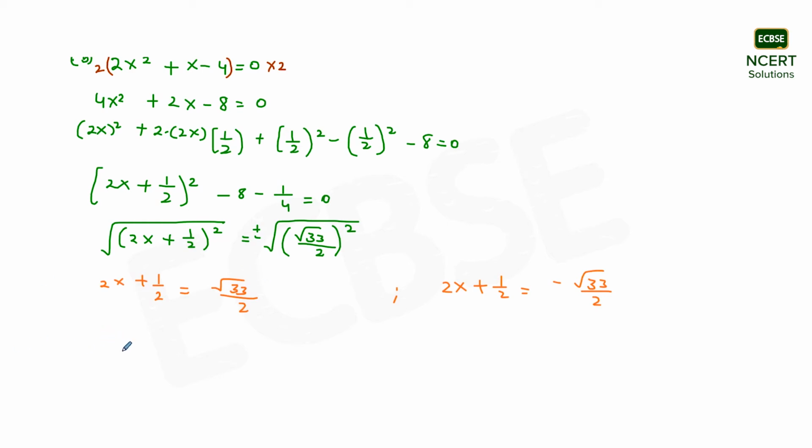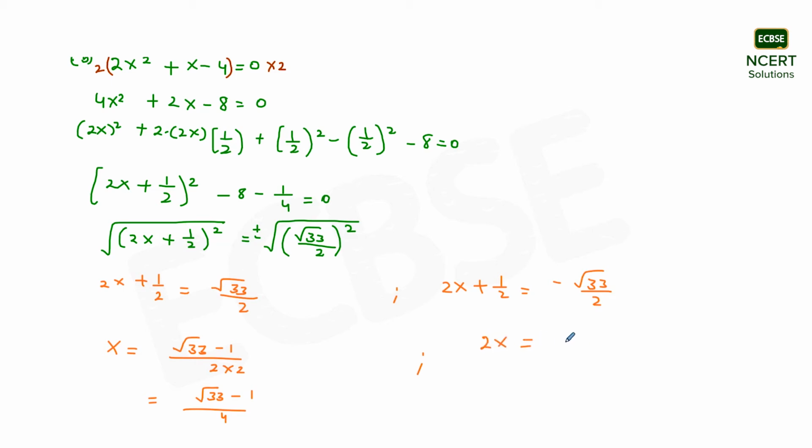So from here, x will be equal to root 33 minus 1 by 2 into 2, which is equal to root 33 minus 1 by 4.